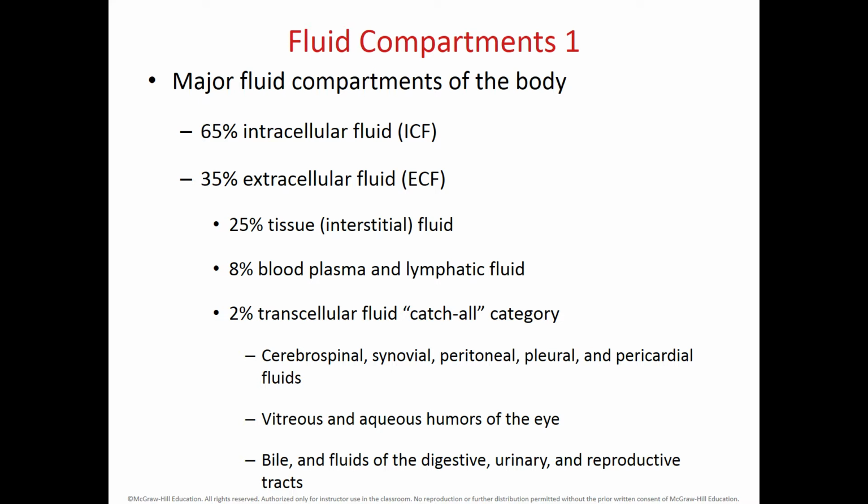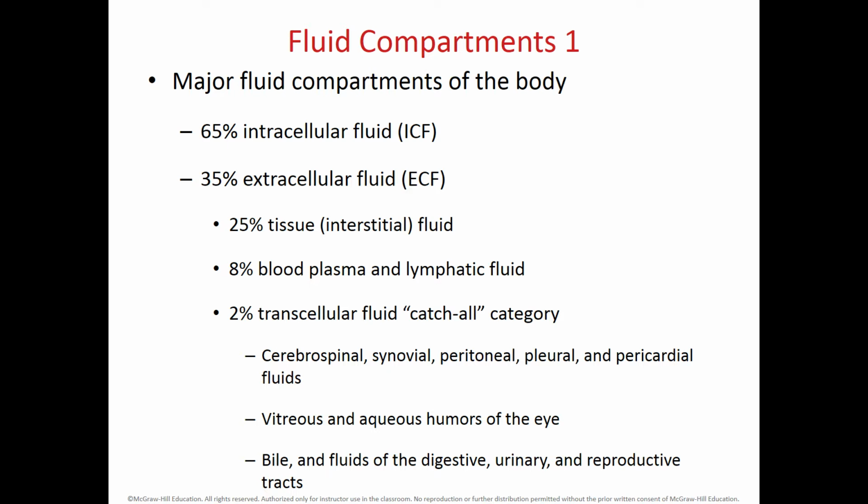Now your book talks about 65% of these fluids being found in the intracellular space and 35% in the extracellular space. In general, there's a rule called the 60-40-20 rule, in which the total body water will be 60%, the ICF, intracellular fluid, will be 40%, and the ECF will be 20% of the body weight.